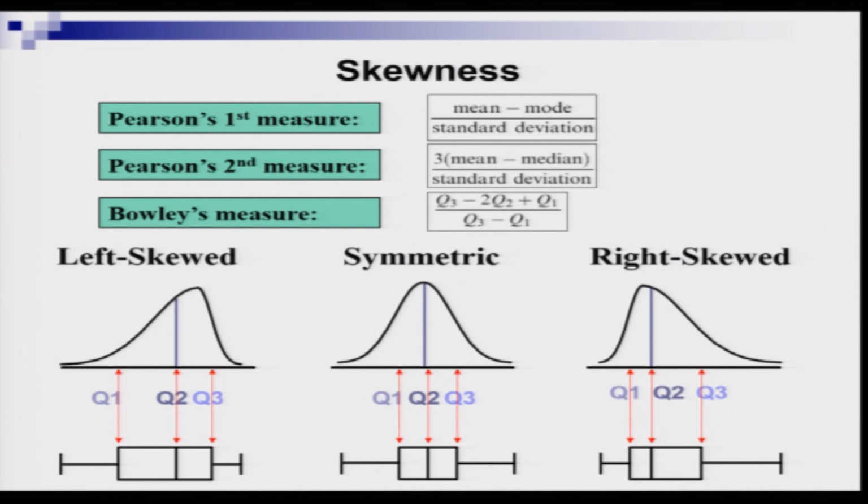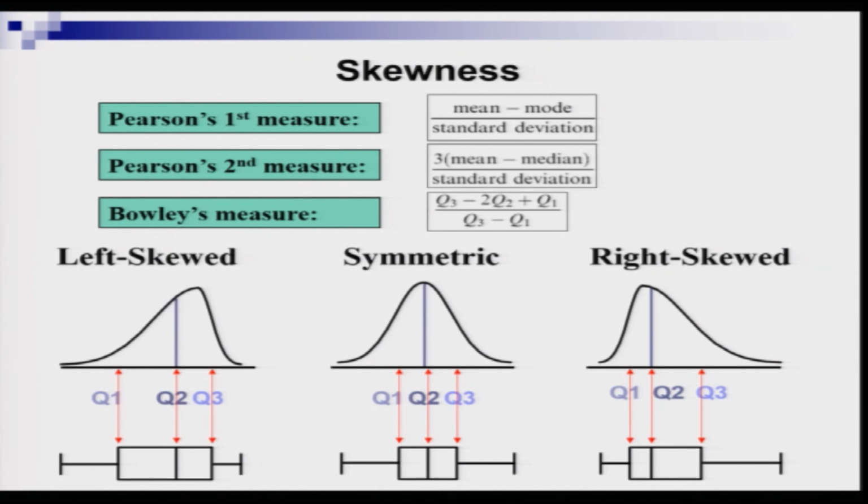Now, let us look at the symmetric distribution, which is the middle diagram, and here of course mean, median and mode take the same value. The third diagram shows the right skewed distribution, or the positively skewed distribution. That means the skewness measure is positive, and here we note this empirical relation where the mode is higher than the median and the median is higher than the mean.